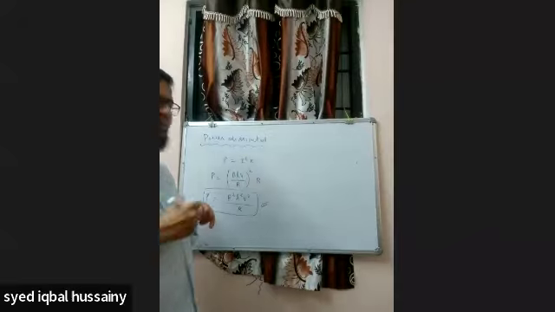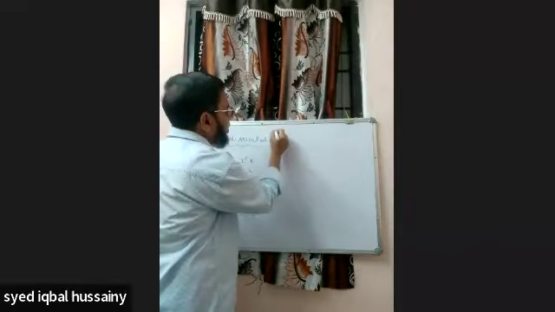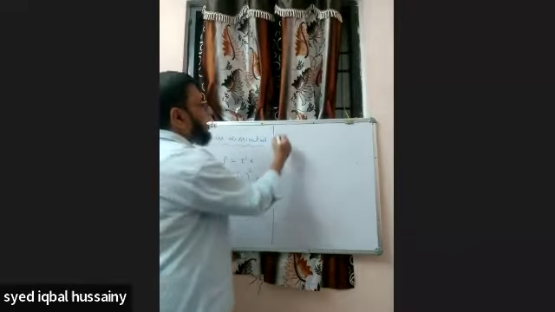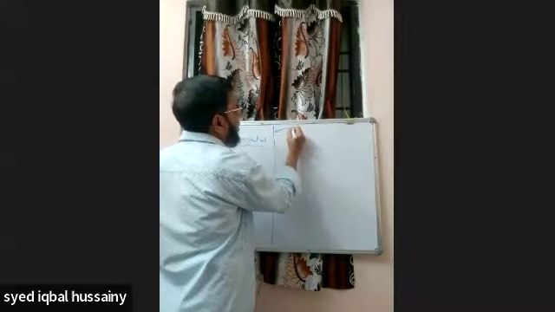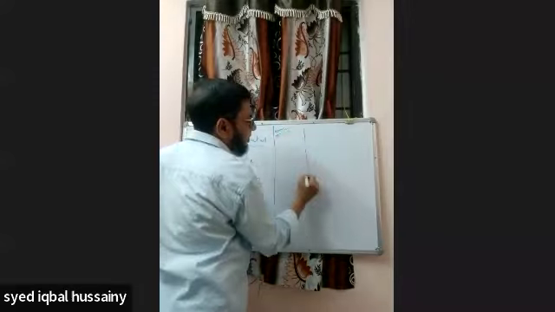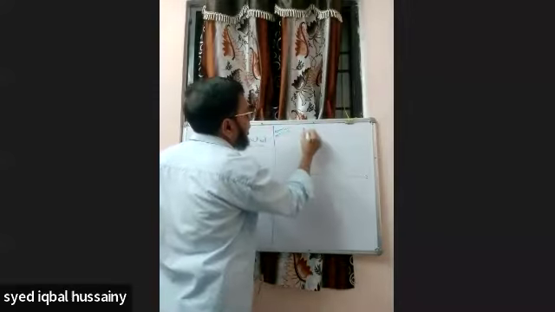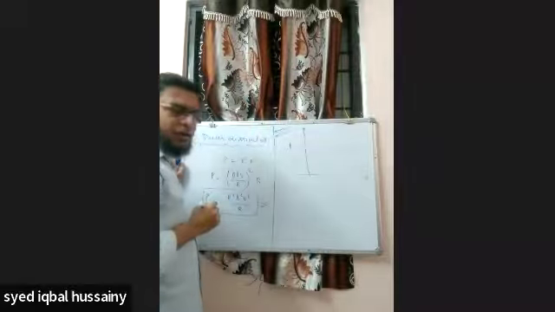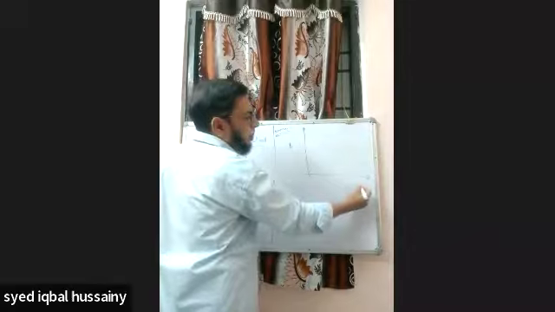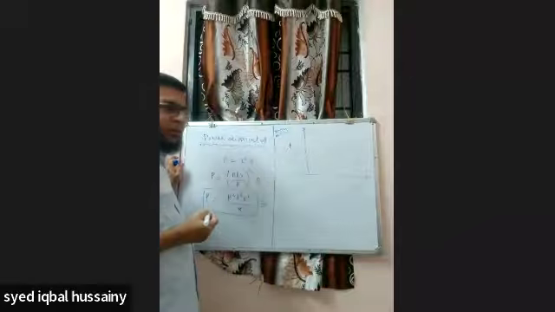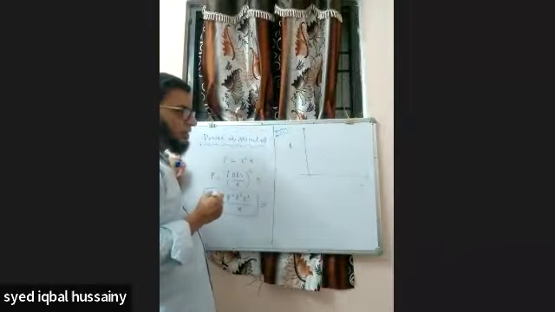Now there is a diagram given, children. One graph is given. Look, numerical. Here they say magnetic field, here they give the time. On the Y-axis they have taken magnetic field, on the X-axis time. We just should know how to do the numerical.